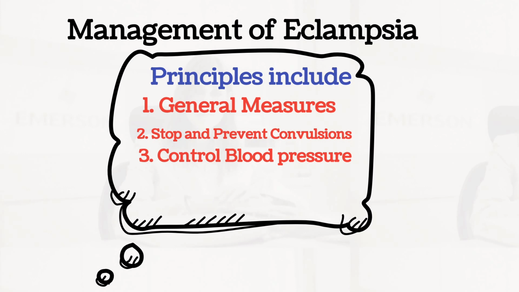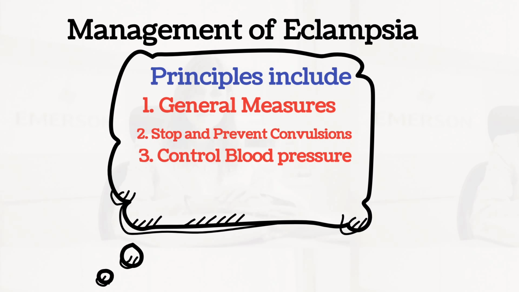Also, if the diastolic blood pressure is more than 110, you have to administer a fast-acting antihypertensive, for example 5 milligrams IV slowly over 5 to 15 minutes. Then you repeat every 30 minutes as need arises, but the dose is variable per local guidelines, so you have to follow your local guidelines.